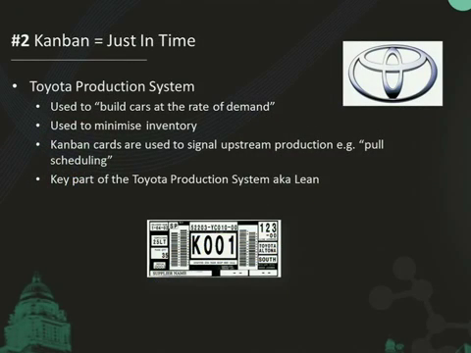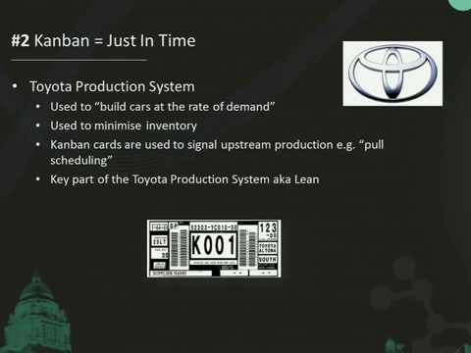So the second type of Kanban is when you talk about Toyota, the Toyota logo at the top. Toyota used that in their Toyota production system to effectively build cars at the rate of demand. What they didn't want to do is have massive inventories of stock hoping someone's going to order a Toyota. As soon as someone orders it, it triggers supply chain upstream to the suppliers, and they supply the parts.